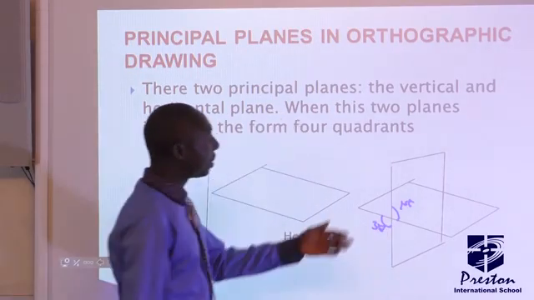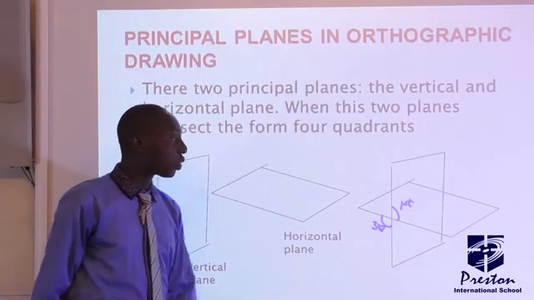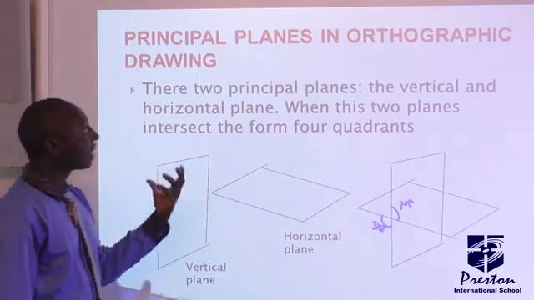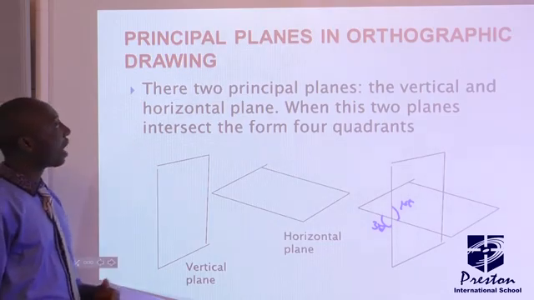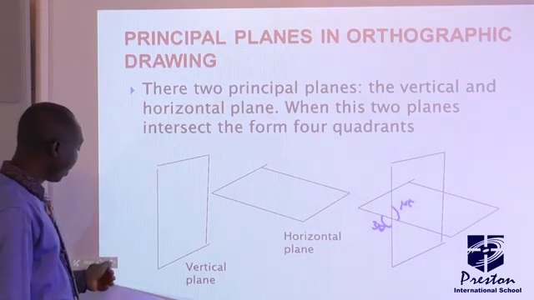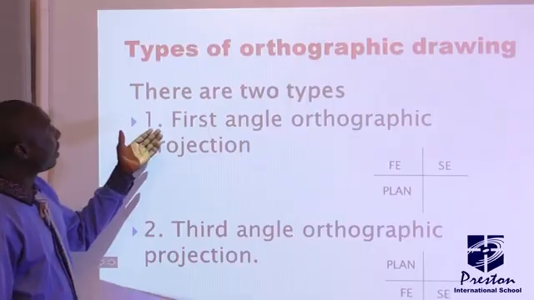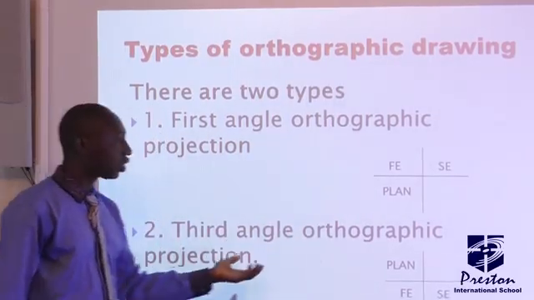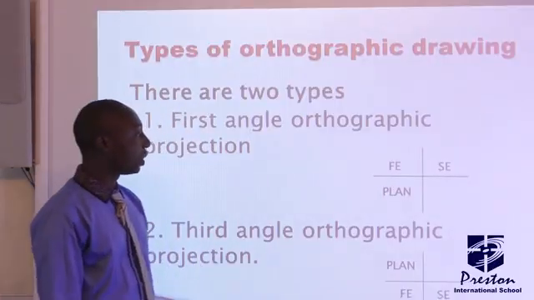So we make use of the first and the third quadrant in our projection. And this gives us the types of orthographic drawing that we have: the first angle orthographic projection and the third angle orthographic projection.